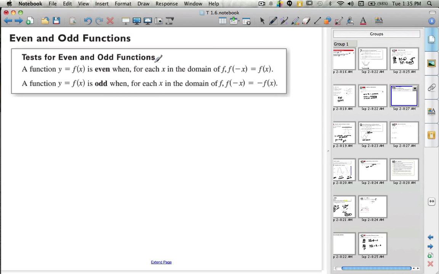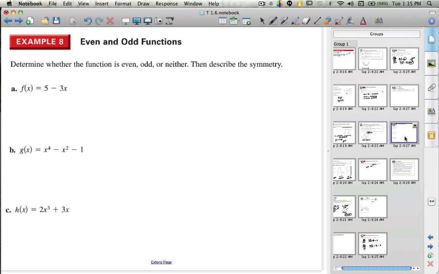When we look at tests for odd and even functions, it's really about doing a test with the opposite of x, and seeing what we get when we try putting in x and the opposite of x. It just depends on what we end up getting when we replace x with negative x. So let's take a look at doing that.